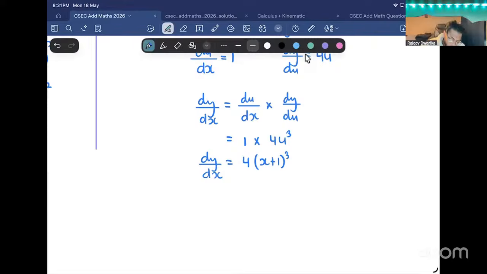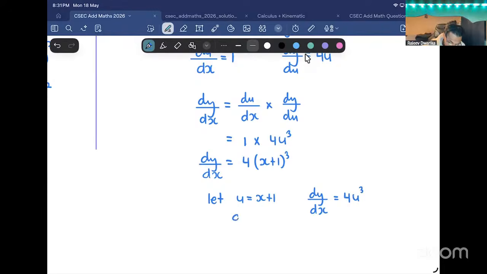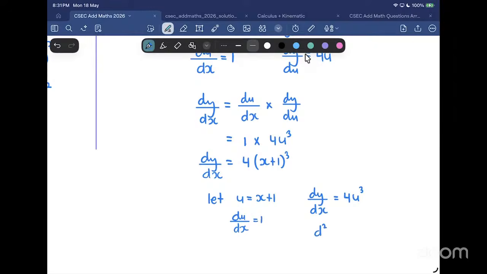So we want to find d2y dx squared. So we're gonna say let u be equal to x plus 1. And if that is the case, then dy dx will be what? Sorry, I got lost. Same procedure. This would be du dx, that's just equal to 1. And I made a mistake here.